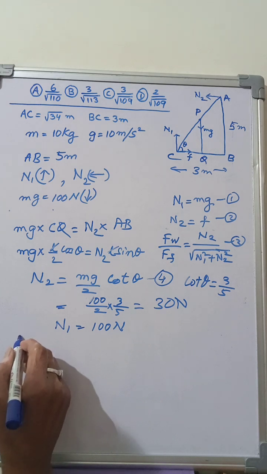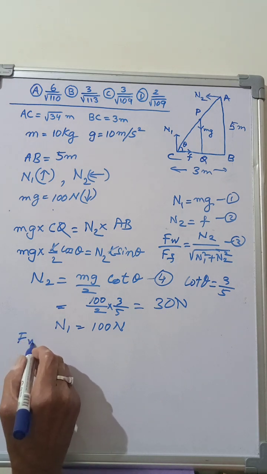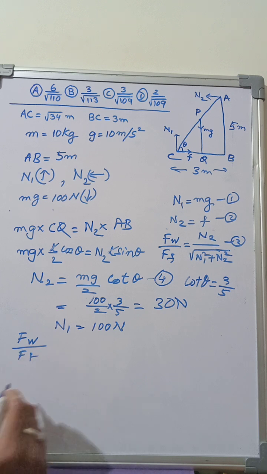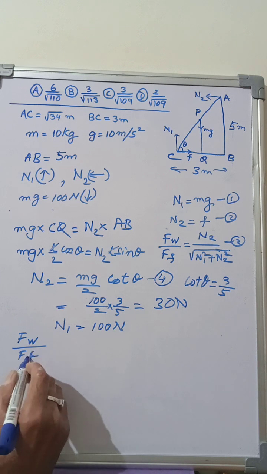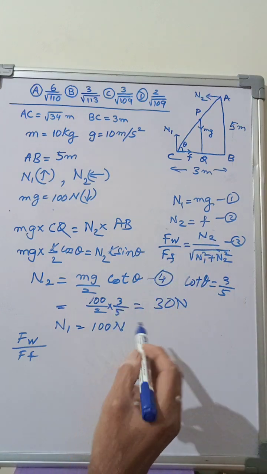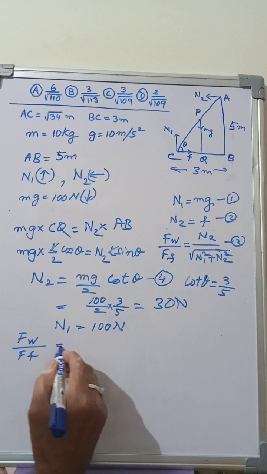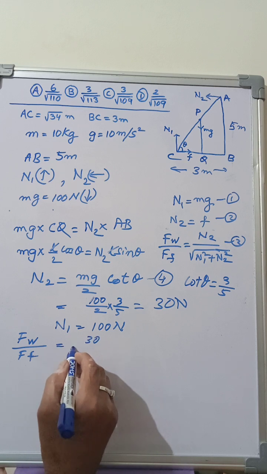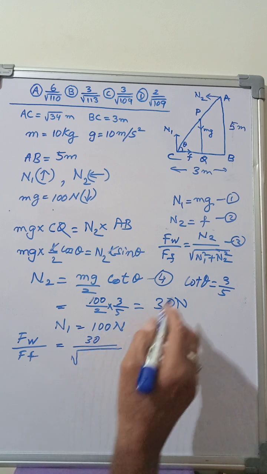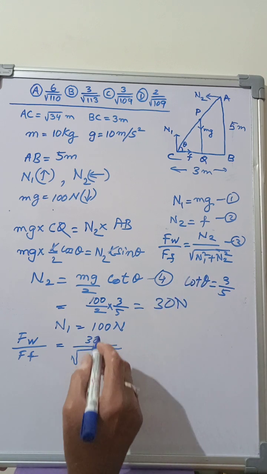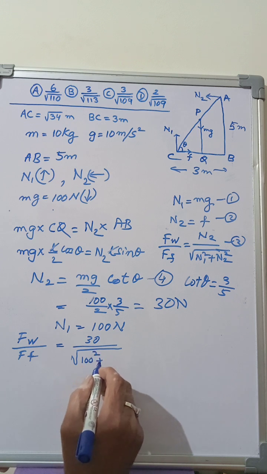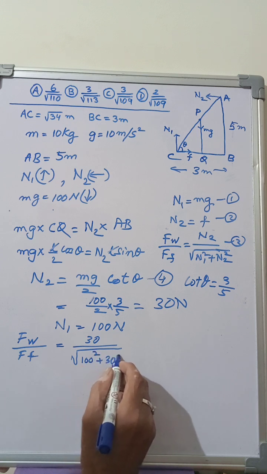Therefore, the required ratio Fw by Ff is N2, which is 30, divided by root over N1 square, 100 square, plus 30 square.